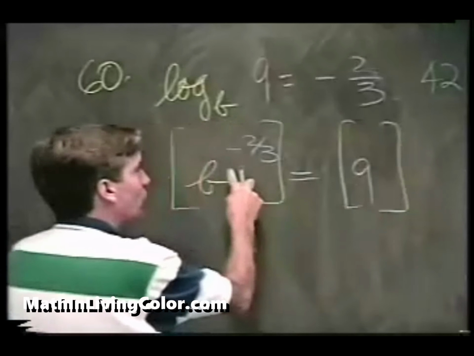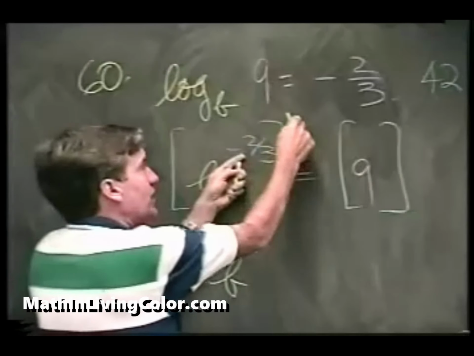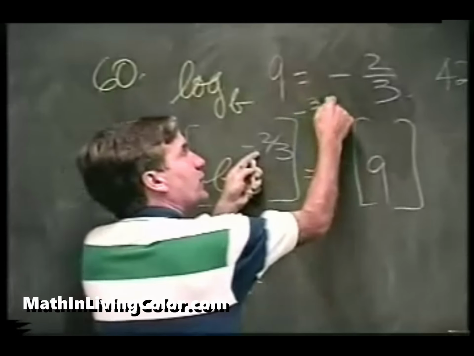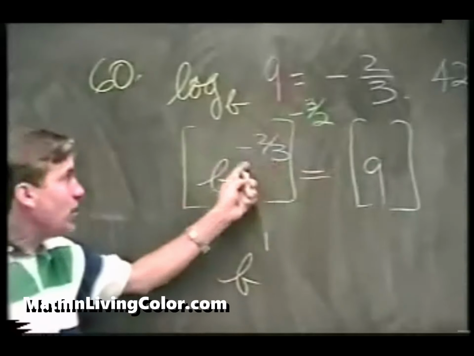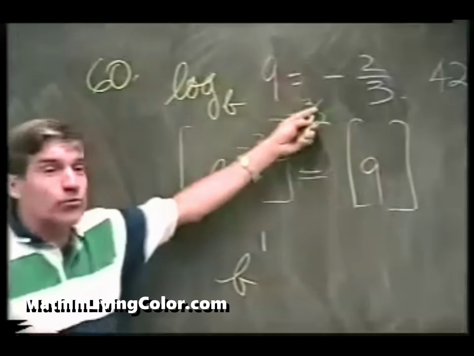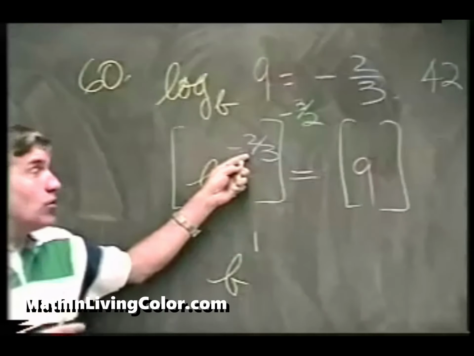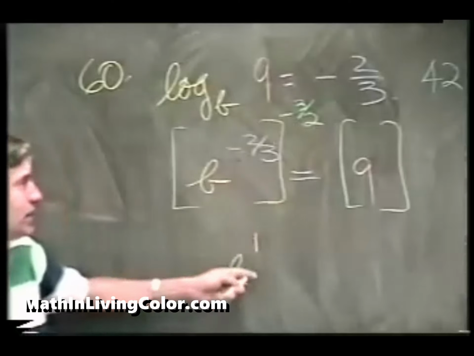What power would you have to raise this to in order to get 1? Negative 3 halves. Remember when you raise a power to a power, you multiply the exponents? So it's going to have to be the negative 3 halves power. That would give you b to the 1.